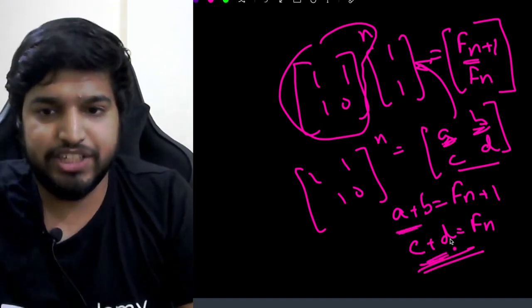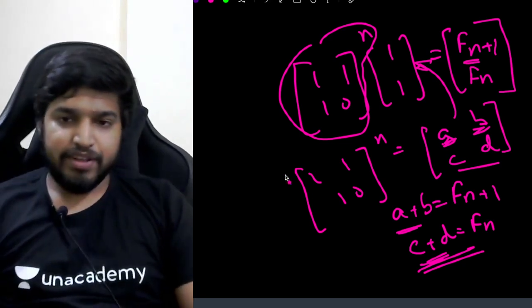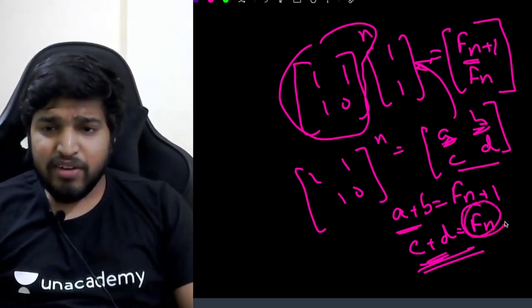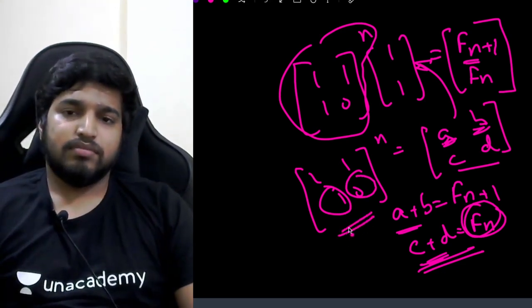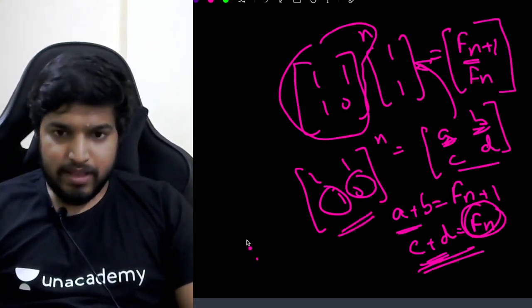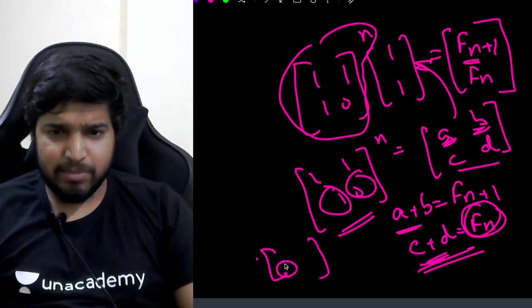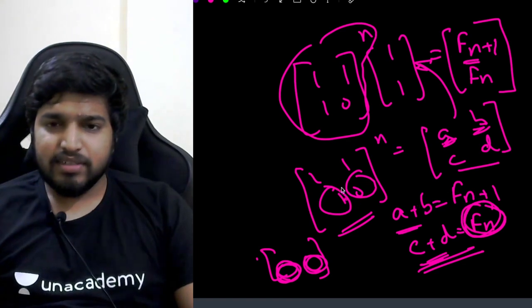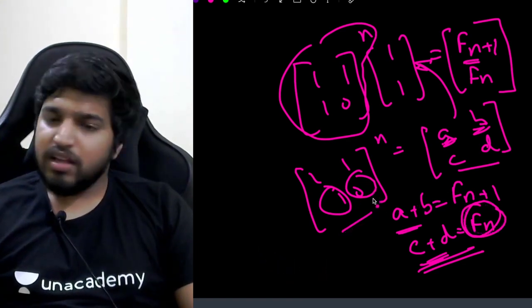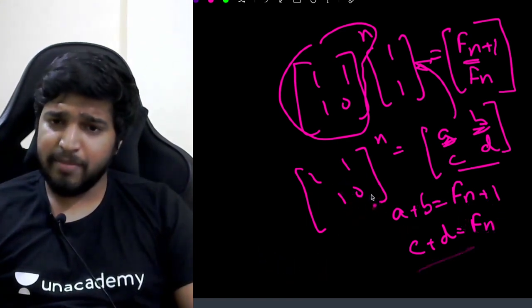Now, I'll just make a change in the code. For fn, we just need to return the sum of the bottom two elements, correct? Meaning, in the 2D matrix, we just need to return the sum of the bottom two elements, and that will give us fn, correct? Why was that the case again? Do you remember?